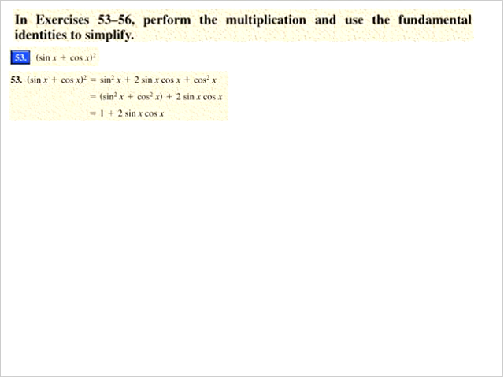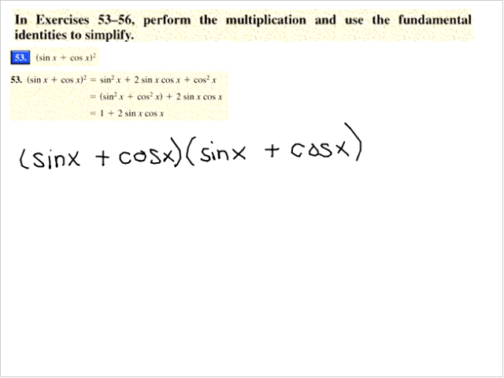For 53, let's perform the multiplication. I do better if I actually write this problem out and then FOIL. So that's what I'm going to do. Let's start FOILing.